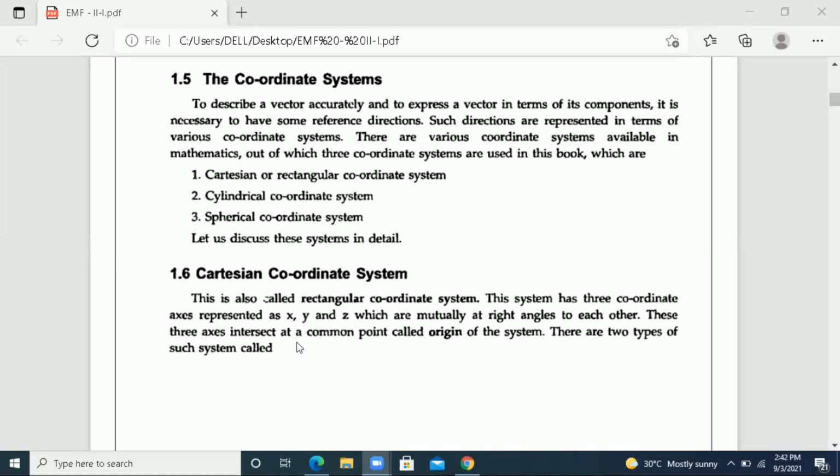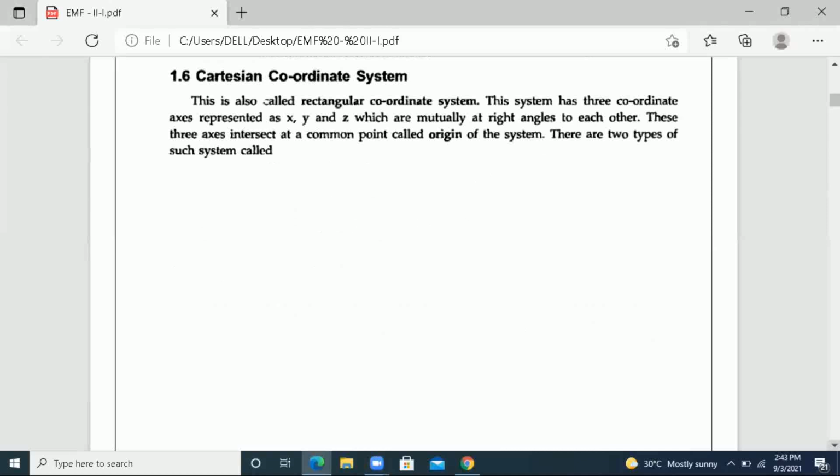And we will be dealing with electromagnetics problems in these three systems: Cartesian, the cylindrical, and the spherical systems. So let us look at these three systems in some more detail.